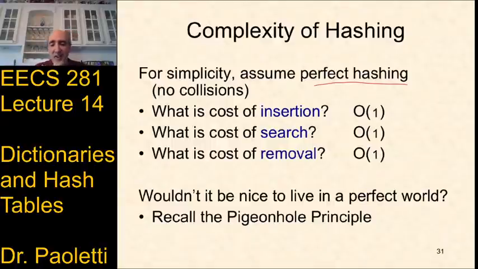Now, you've actually been using hash tables the whole time you've been taking 281. In fact, you use them in 280, and you use them in 183 or Engine 101, whichever you took. The compiler uses hash tables.